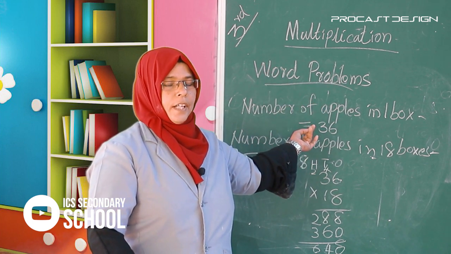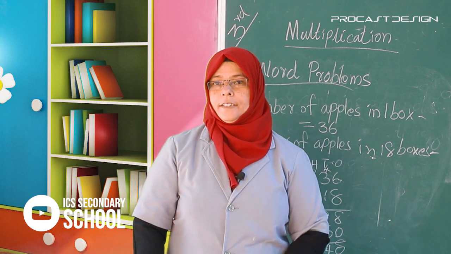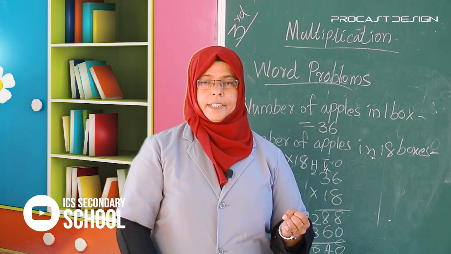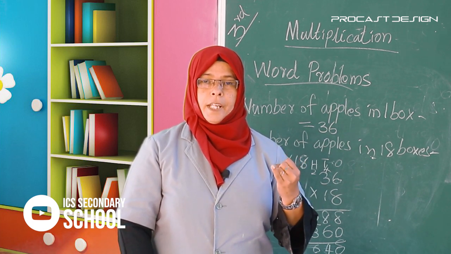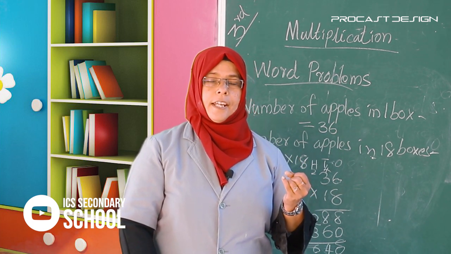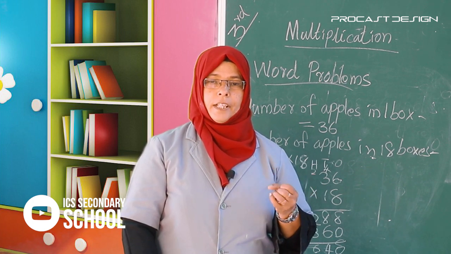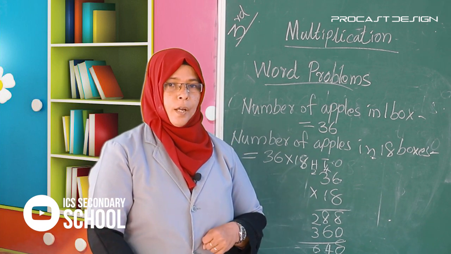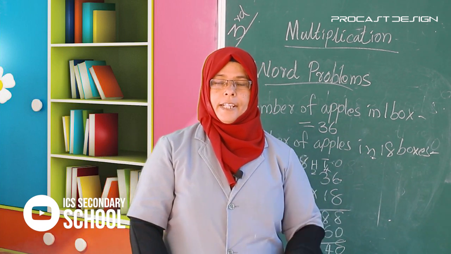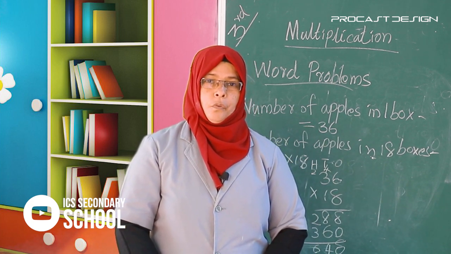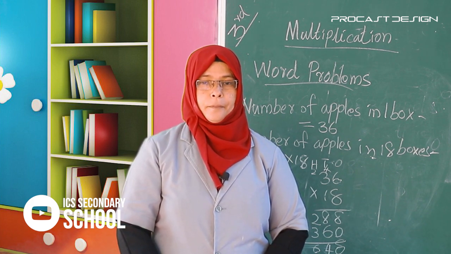Multiplication is over. We studied about multiplication: repeated addition, multiplying by number line, and multiplying by 1 digit numbers and 2 digit numbers. Multiplying by tens: 20, 30, 40, 50, 60, 70, 80, 90.